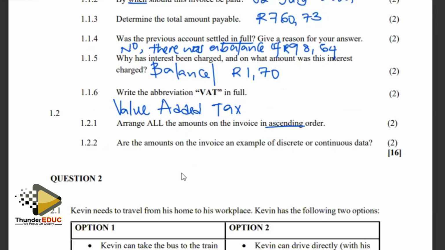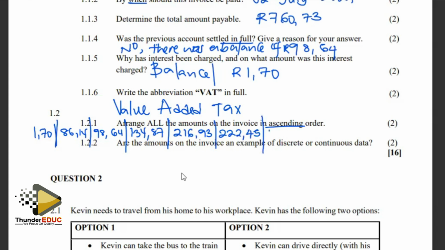I'll start with 1.70, followed by 86, followed by 98.64, followed by 134.87, followed by 216.93, followed by 222.05.